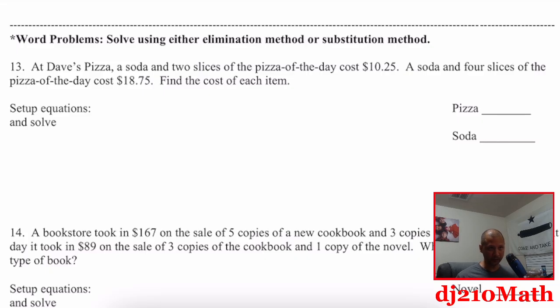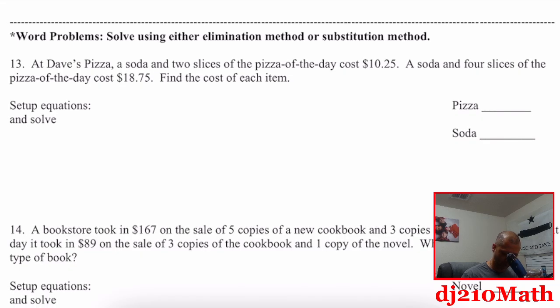So we have 2 equations that we have to find. One, we have to have the total number of items. And then the total cost. But we need some variables.